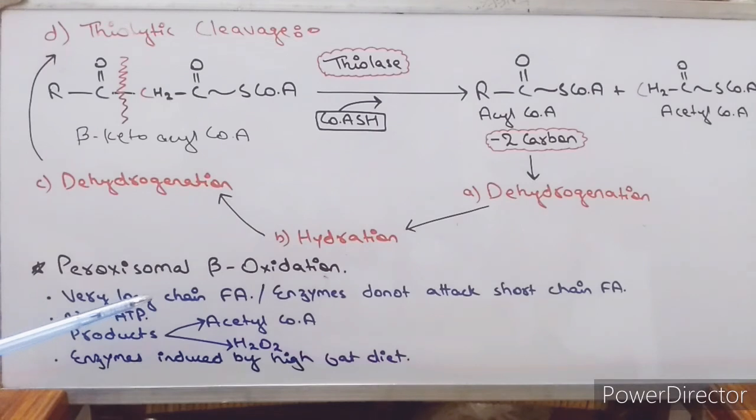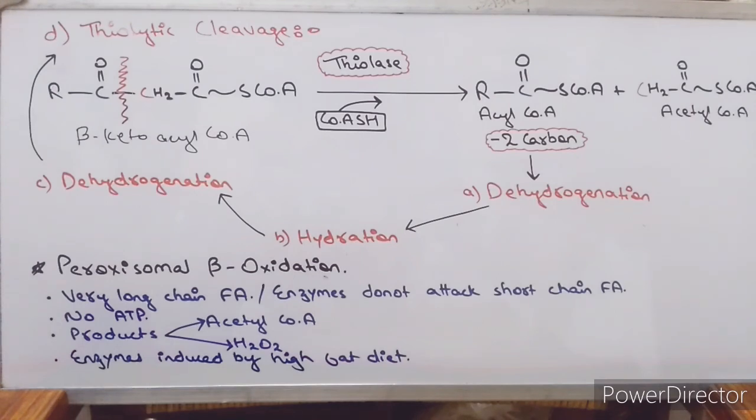As the hydrogen peroxide can't produce energy by going through the electron transport chain, one unique feature of the peroxisomal beta oxidation is that it produces no ATP. And the enzymes of the peroxisomal beta oxidation are induced by a high fat diet.